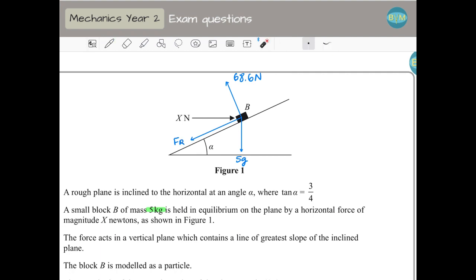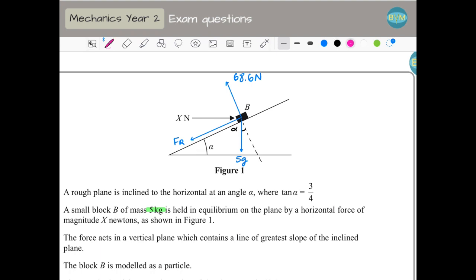Remember, when we work with inclined planes, we work with our forces in two directions, parallel to the slope and perpendicular to the slope. So I have two forces here that are not in the directions that I want. So what I'm going to do is to find the components in those two directions. Remember, this angle is alpha.